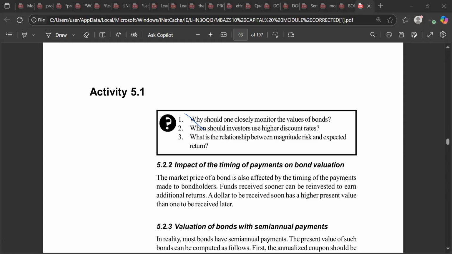Okay. So question 2 says, when should investors use higher discount rates? As an investor, you only use high discount rates where the bond is riskier, when there's an increment in opportunity cost.